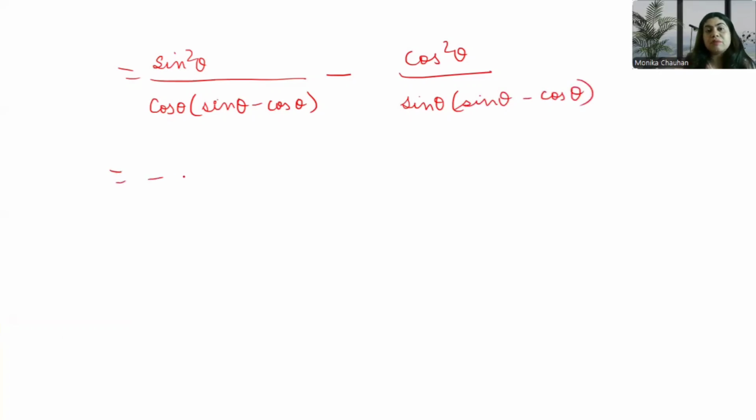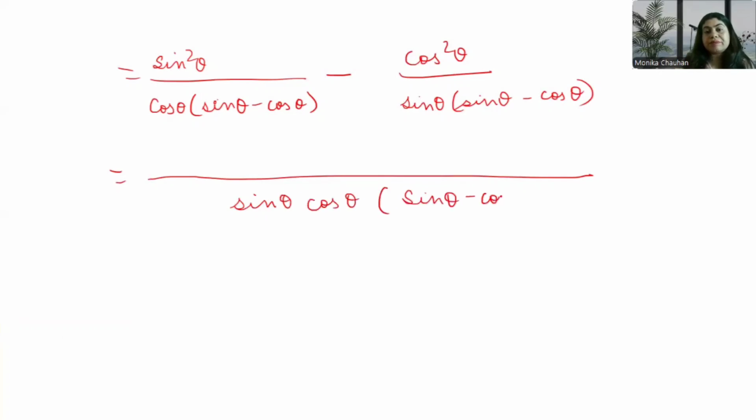Now I want this complete LCM. So when I take this complete LCM, sinθ cosθ(sinθ − cosθ), what happens? You already have cosθ in the denominator, so you are left with only sinθ. So this becomes sin³θ. And similarly, here it will become cos³θ.